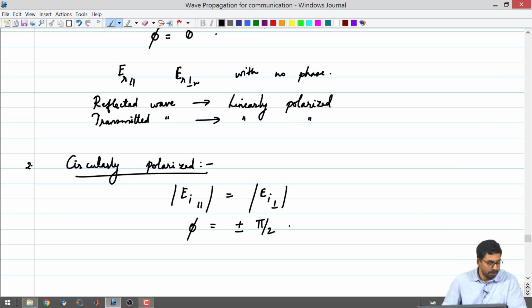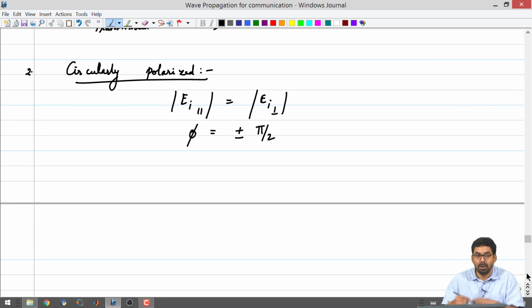Okay. Now, once again we know that the reflection and the transmission coefficients are real. Okay. So, they do not change the phase, they just change the values of your reflected and transmitted waves peak. They do not change any arbitrary phase between these two components, which means that the reflected and the transmitted waves are going to exhibit the same phase difference between the two components.